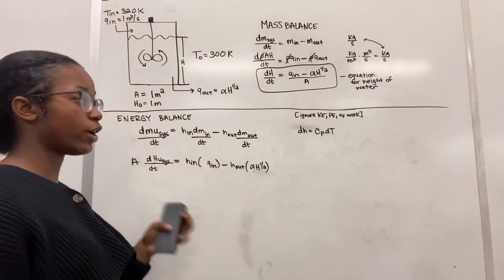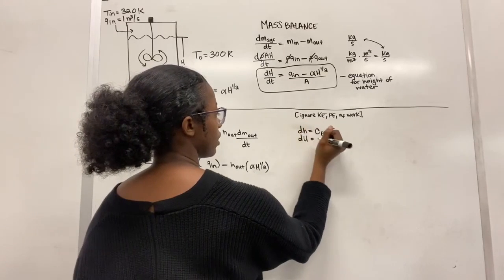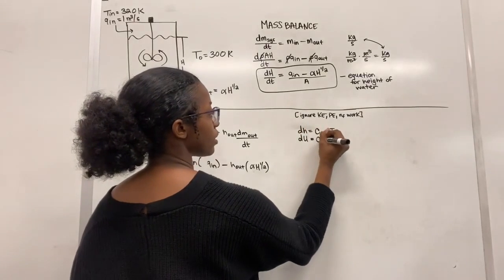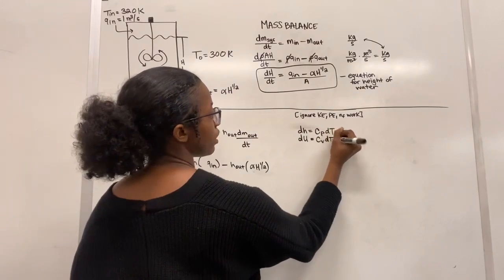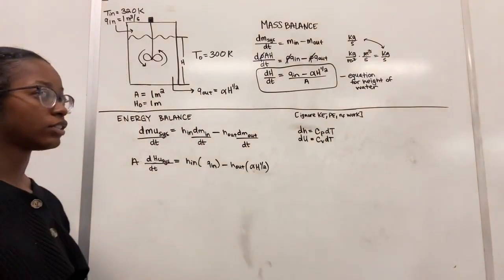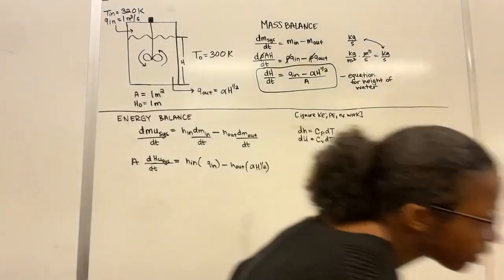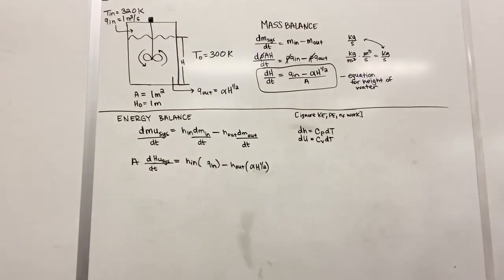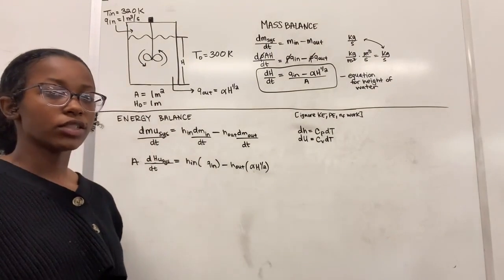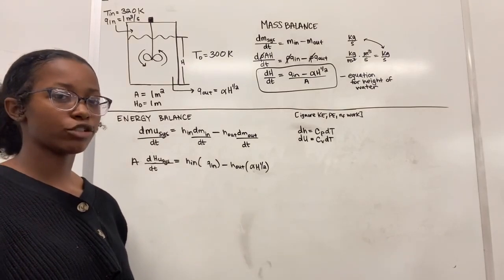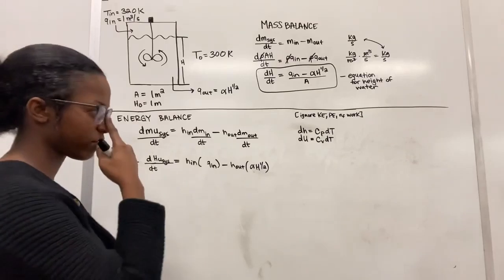And the equation for internal energy is dU equals the heat capacity at a constant volume times the change in temperature. So the internal energy and temperature both have to be evaluated at some reference point.